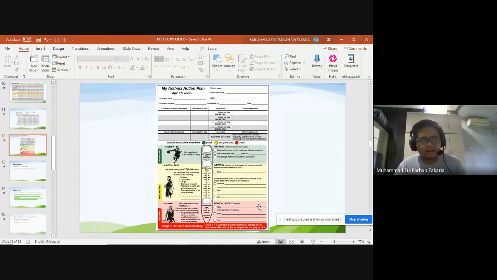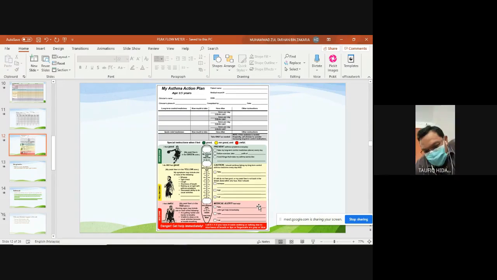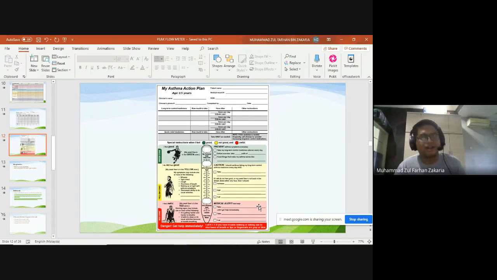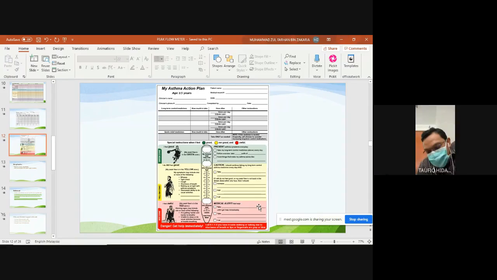The child must be 5 years or older, actually the age is relative. The absolute thing is must be cooperative. You must be able to follow the instruction and then able to blow as strong as possible.